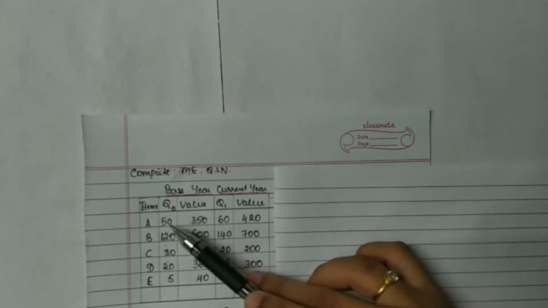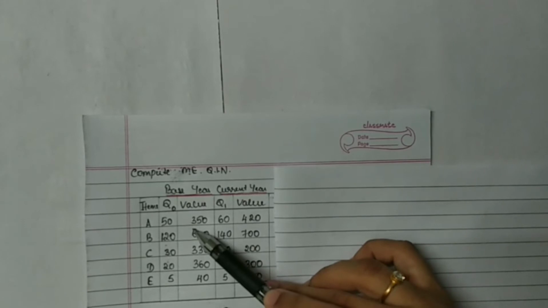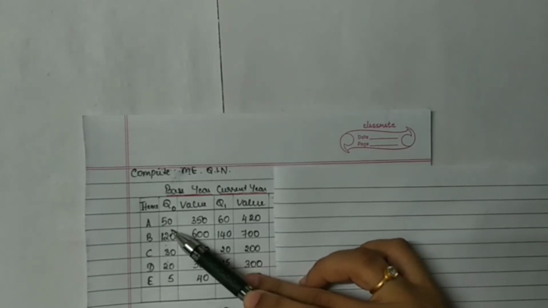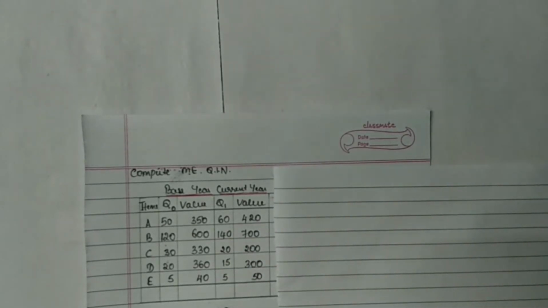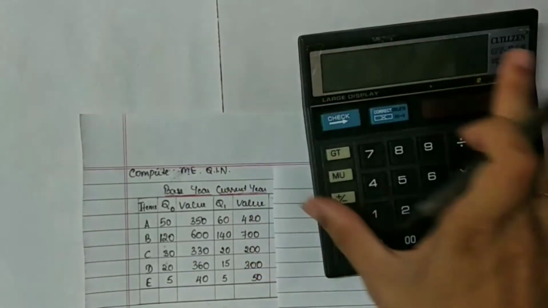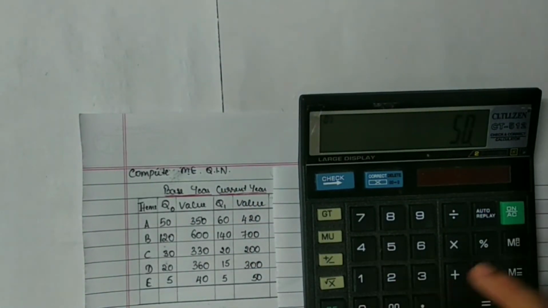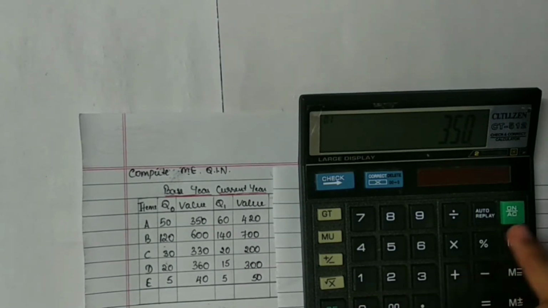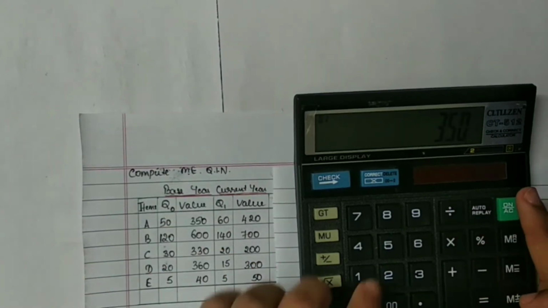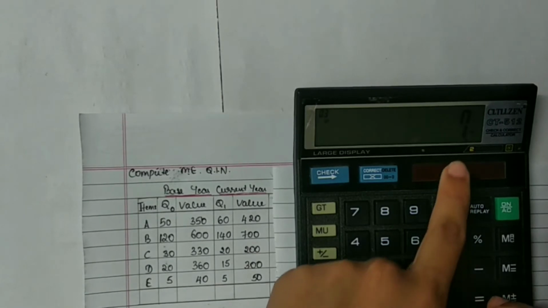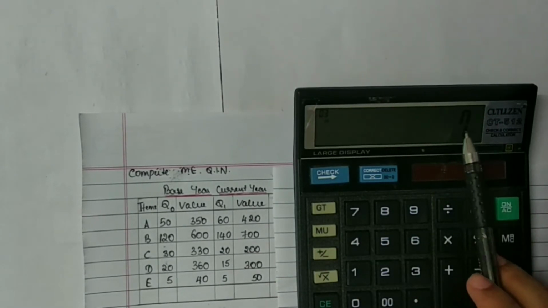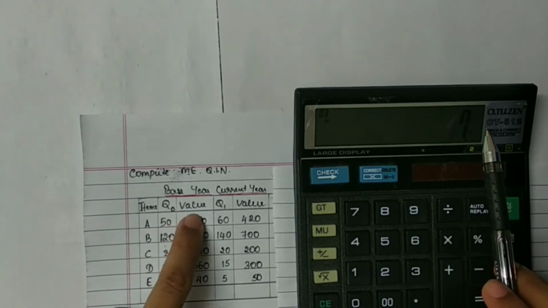Value is nothing but this amount, 350 rupees. It is for all the 50 units. So we have to convert it into per unit price. So it's like 350 rupees divided by 50, that is 7. So this 7 is now P0.